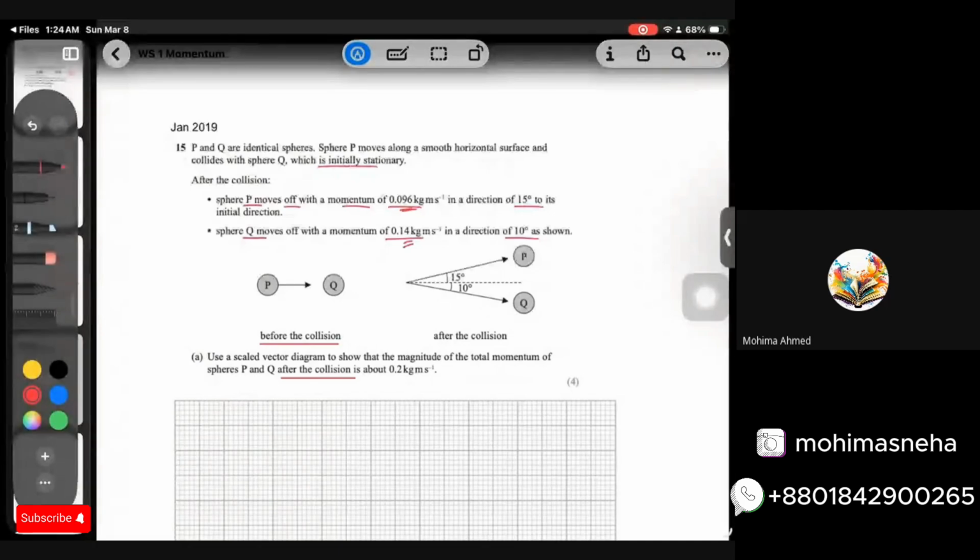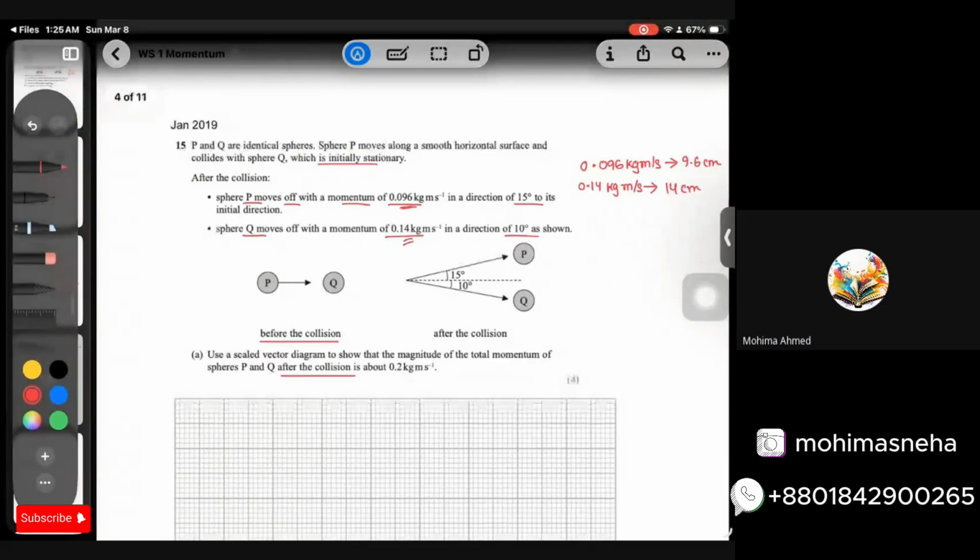So I can write that 0.096 kg m/s is going to be represented as 9.6 centimeters, and 0.14 kg m/s will be converted to 14 centimeters. This length that I have calculated, I'm going to use to plot in my graph.